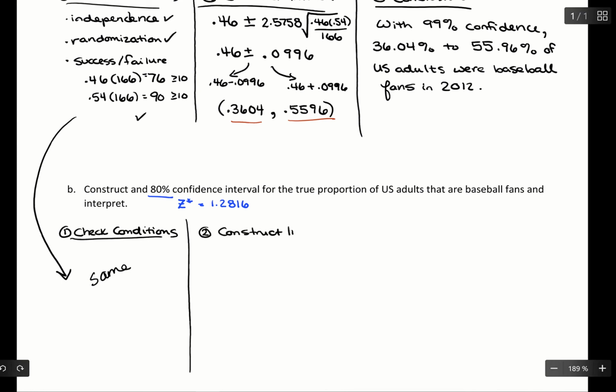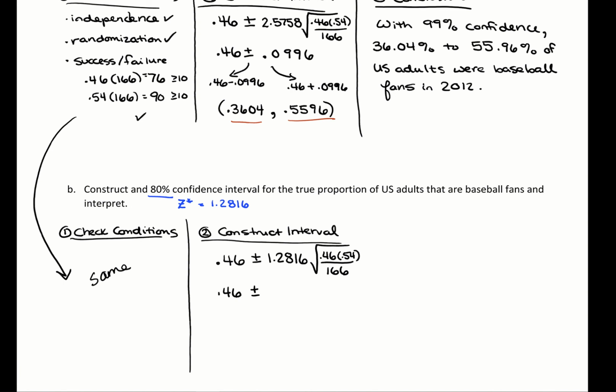And the only thing that's going to change is z-star. So you take 0.46 plus or minus 1.2816 times the square root of 0.46 times 0.54 over our sample size of 166. So now we're just going to adjust that right-hand side with our new z-star value, which will be 0.0496.